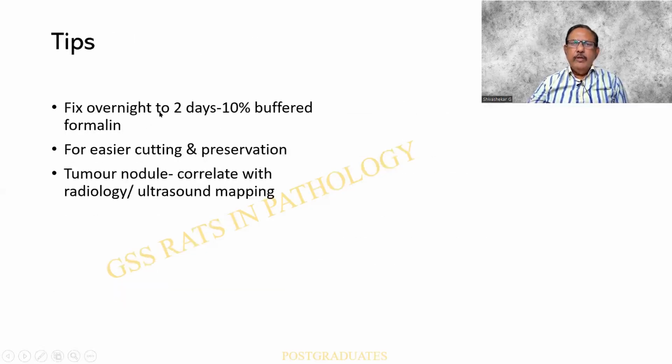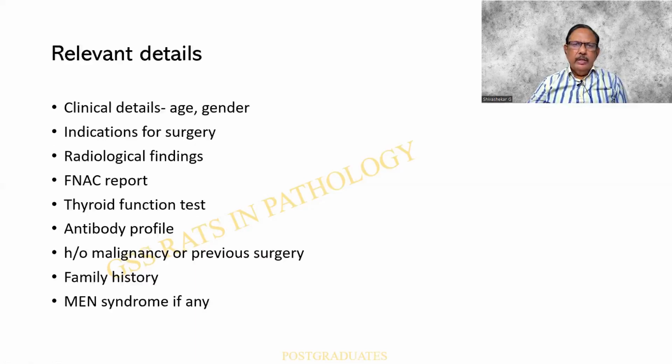Fixation is for a period of 2 days for large specimens, in 10% buffered formalin. This is for easier cutting and preservation. And anything can be correlated with the radiological picture. There are always some details which we fail to get, and we start running after the clinician or chasing our PGs to get them.